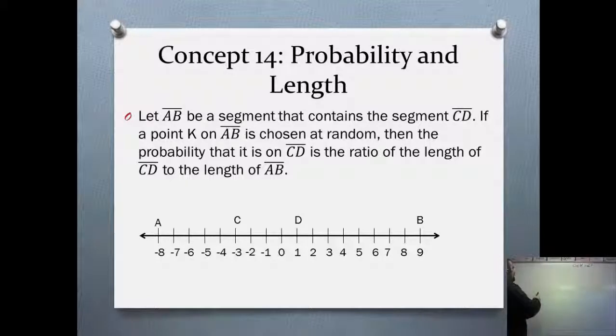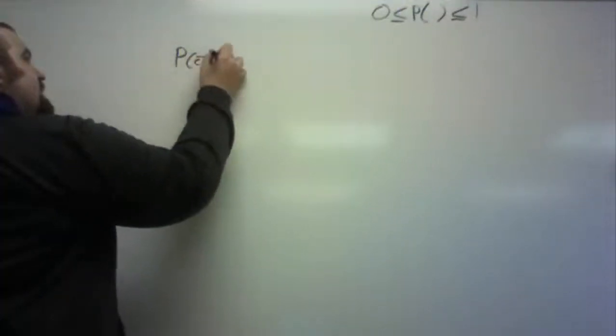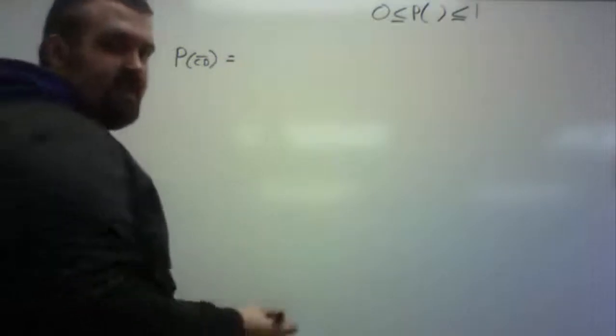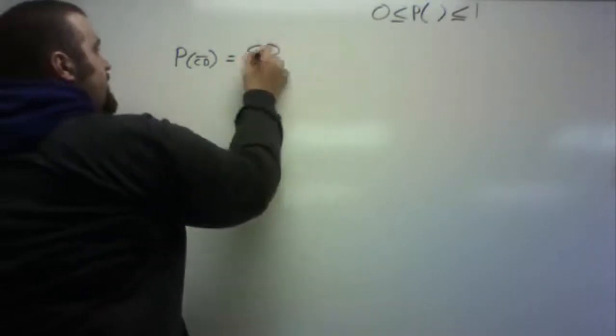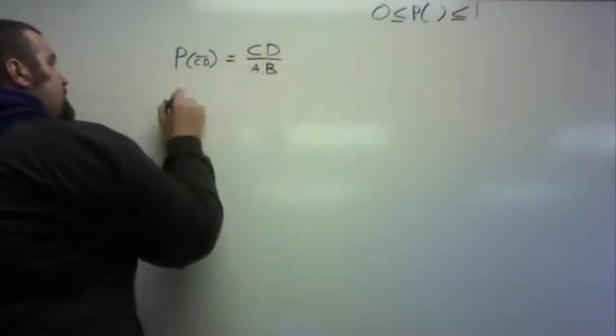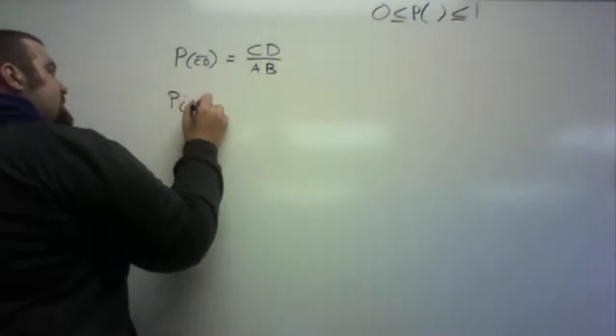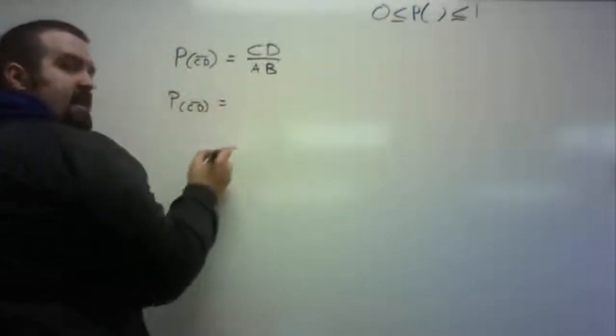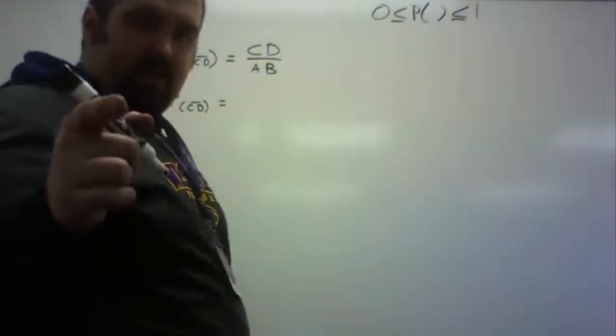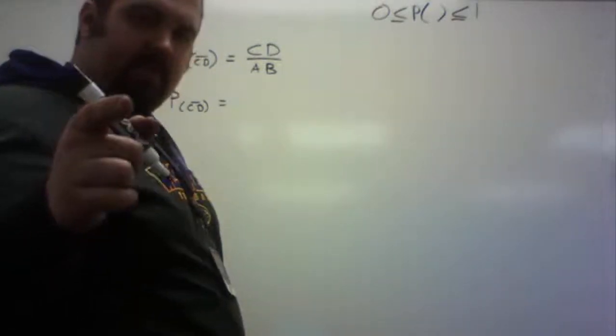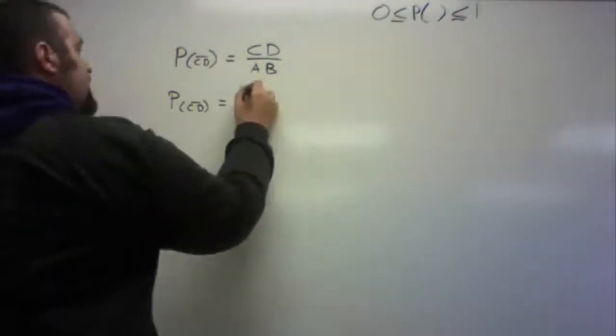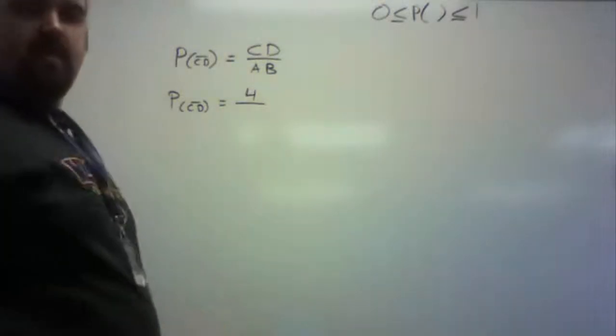So what is the probability that it's on segment CD? Well, that's going to be the length of segment CD to the length of segment AB. So the probability that it's on segment CD in my picture over here is going to be the length of segment CD. Well, it goes from -3 to 1, so 1 minus -3 is 4, so the length of segment CD is 4.